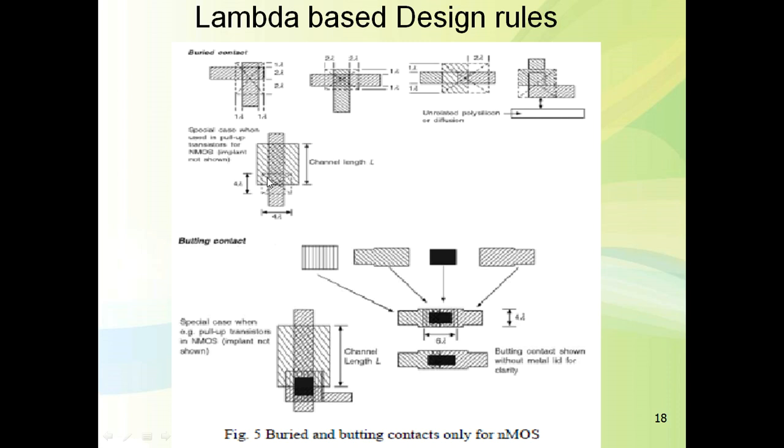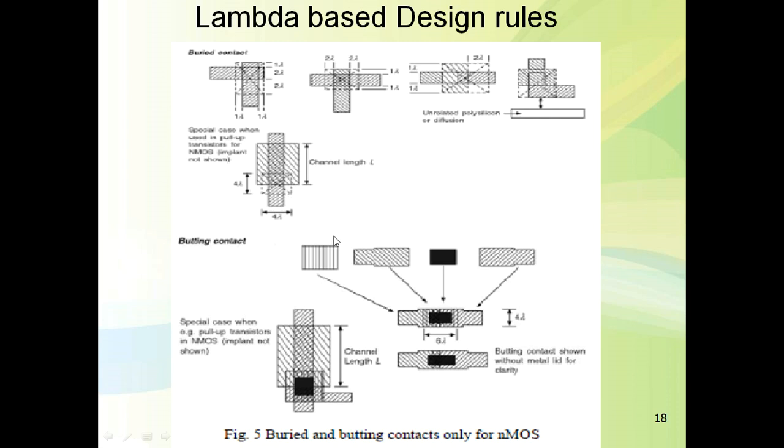So the connection between poly and metal, there will be the connection between gate and source here, that will be done by the buried contact. So this is channel length, and it is effective up to the poly area. It is not effective up to the implant, or up to where the buried contact is.